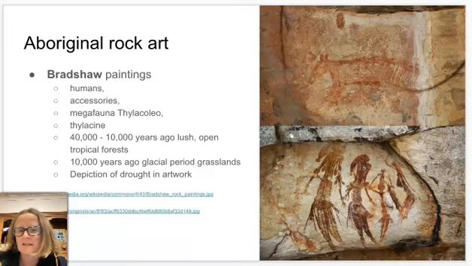Not necessarily glacial in Australia, but there were grasslands in Australia, because during glacial periods lots of water gets locked up in our planet, which means that there is a drought. And you get to see this depiction of drought in the artwork.